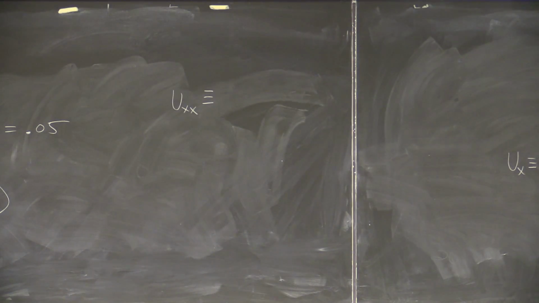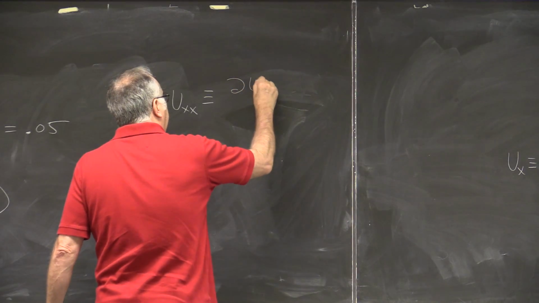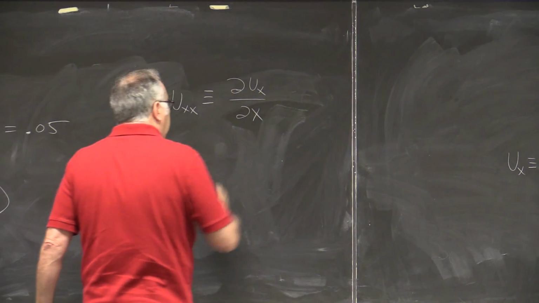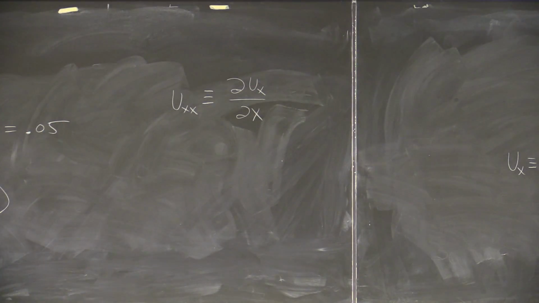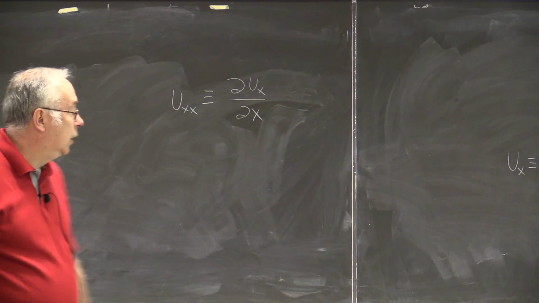Or another way of writing it is, it's just the partial derivative of u sub x with respect to x. And since u sub x, as Zach said, is the marginal utility of good x, this measures the rate of change of the marginal utility of good x as x changes. Roughly speaking, what happens to the marginal utility of good x as you consume one more unit of good x?